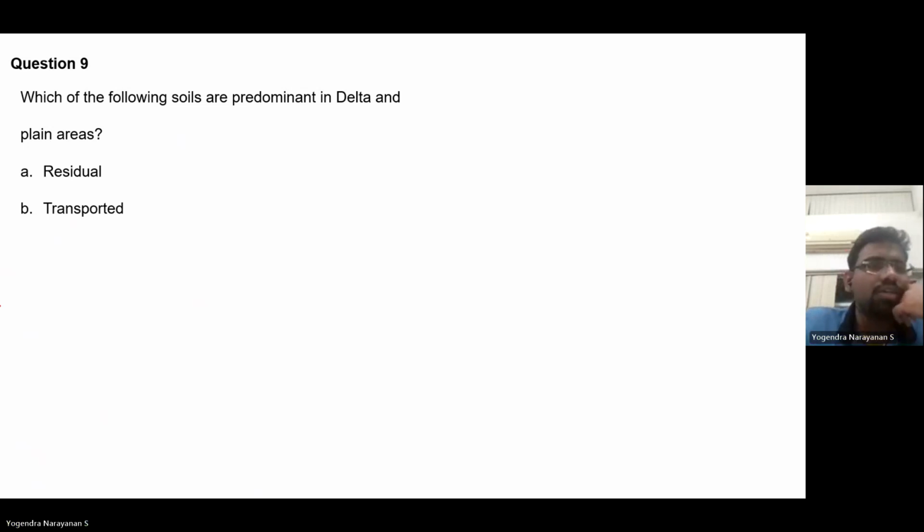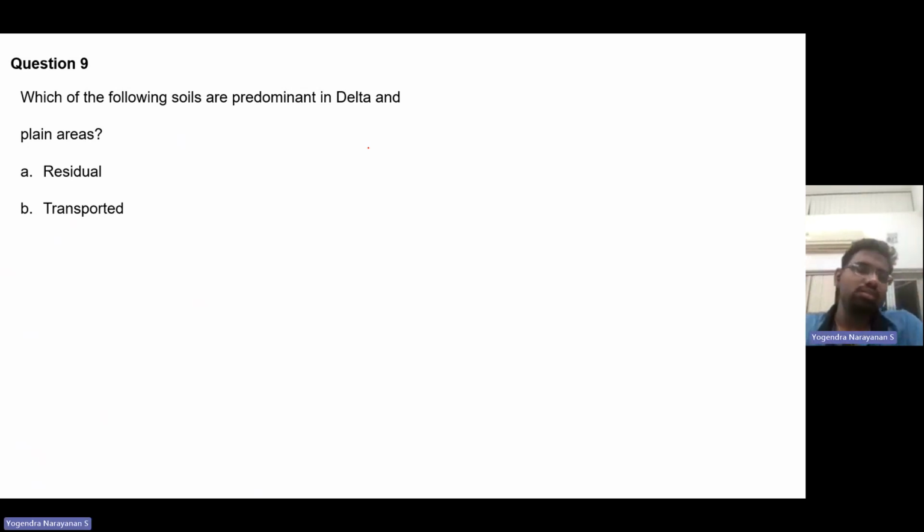As far as this question is concerned, deltas and plains are essentially formed due to the soil deposits that are brought by the river. A delta is the land surrounded by two rivers, which forms in the shape of a triangle. Plains are where the velocity of the river decreases and its width increases.